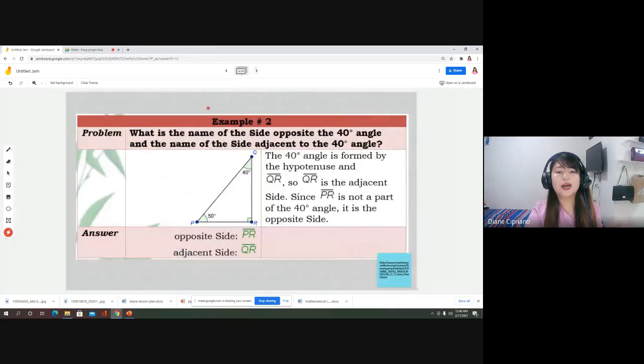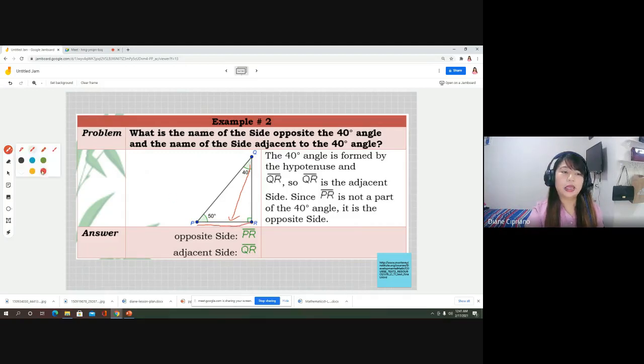Next, on our example number 2. What is the name of the side opposite the 40 degrees angle, and the name of the side adjacent to the 40 degrees angle? So we are referring to this 40-degree angle. So what is the opposite side? We are looking for the side, not for the measurement of the sides. So opposite to the 40 degrees is the side PR.